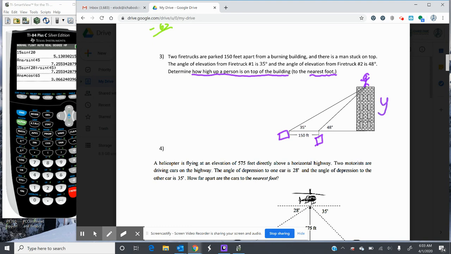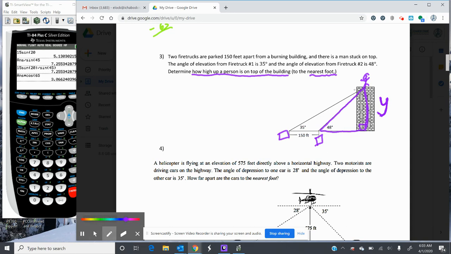So again, I'm going to put a Y here because that's going to be the second value we can find, because we have 2 triangles formed. We have our right triangle from the man down perpendicular to the ground up the building.